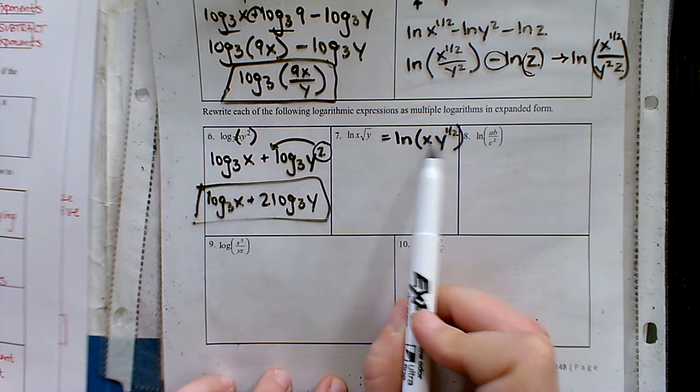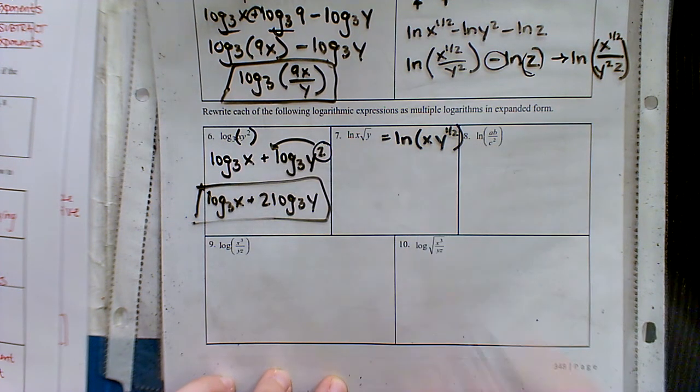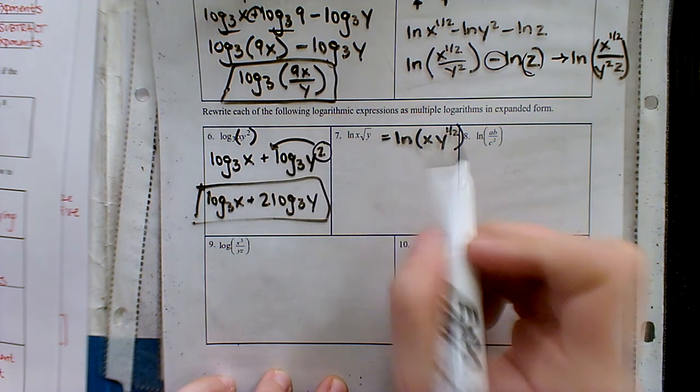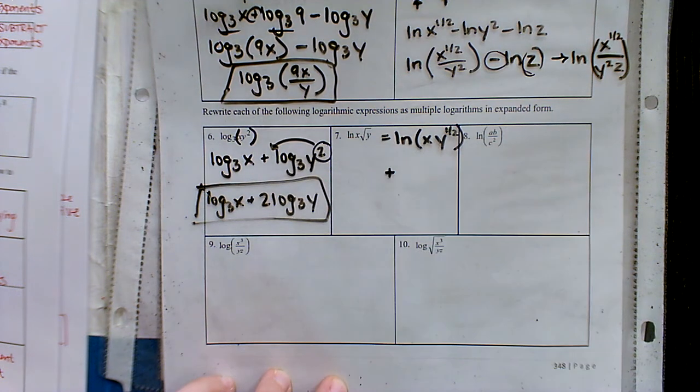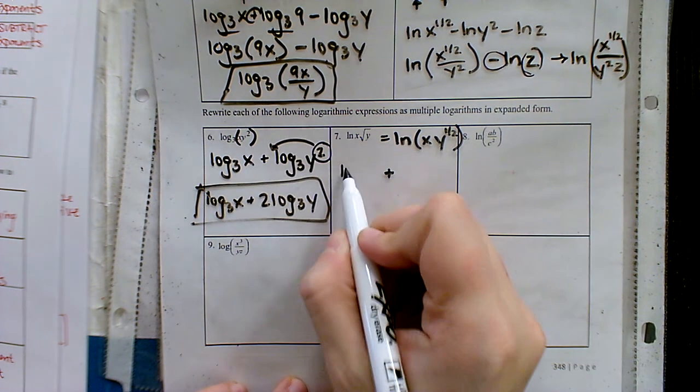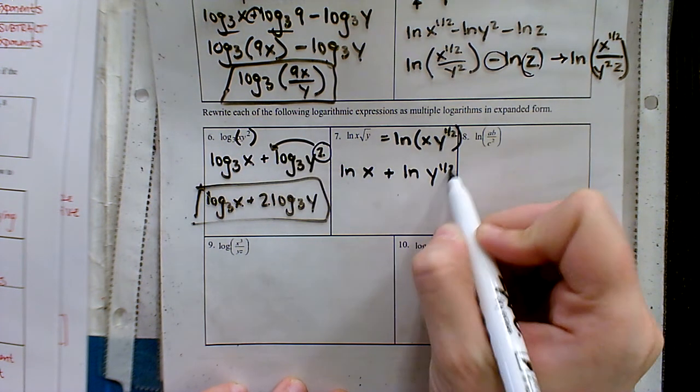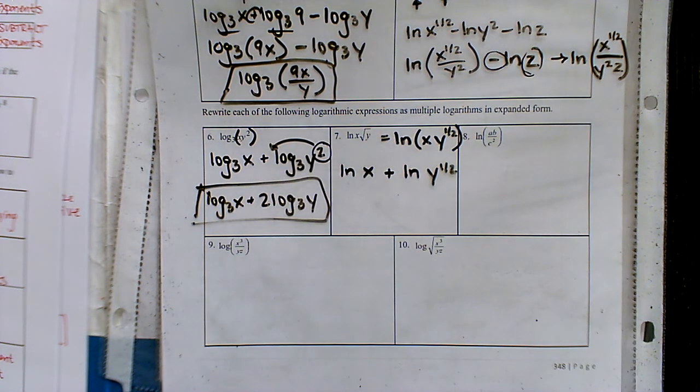What is being done within the argument? X and y are being multiplied. So that means I'm going to break up multiplication with addition. They're linked together. I'm going to need the natural log of x plus the natural log of y to the 1/2.